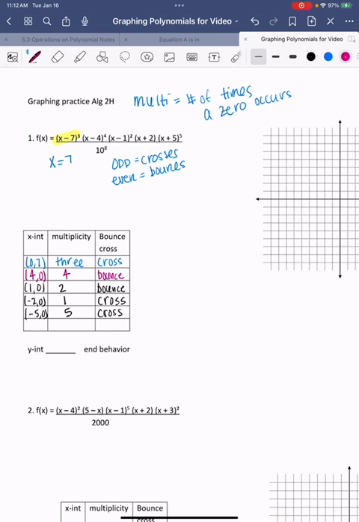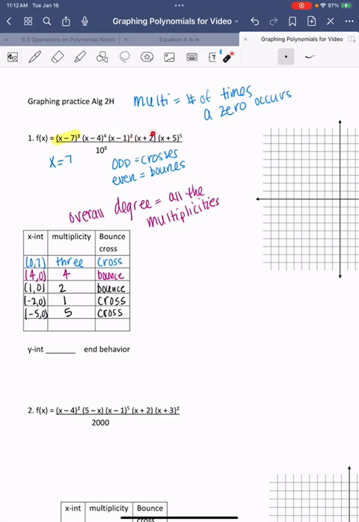Okay. Degree, the overall degree, is all the multiplicities together. So we have x minus 7, we have 7 3 times, we have 4 4 times, we have 1 twice.